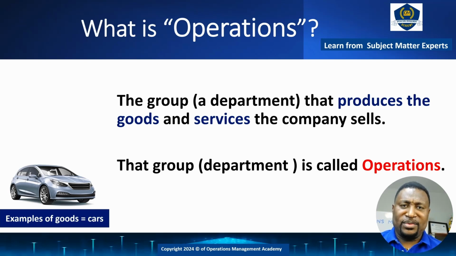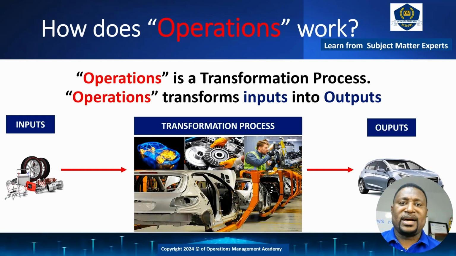So now that we know what is operations with an S, then we can learn how operations works. What we do as an operations department is a transformation process, where operations transforms input into output. The input can be raw material, or another product that we just transform to get a new one.